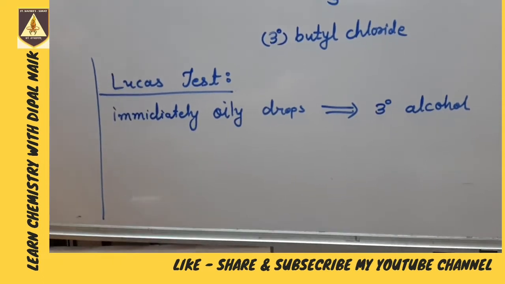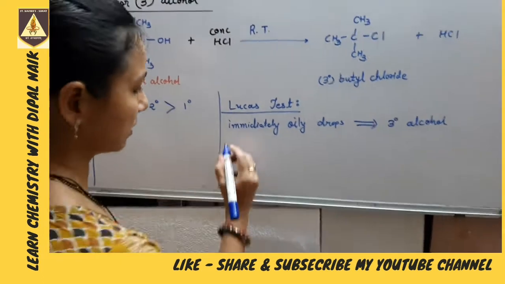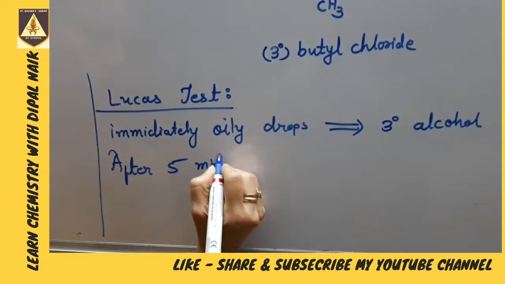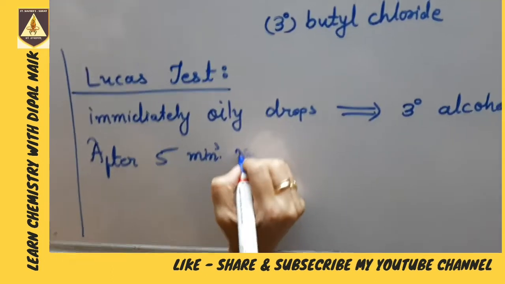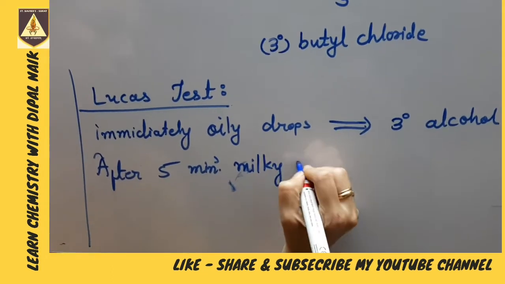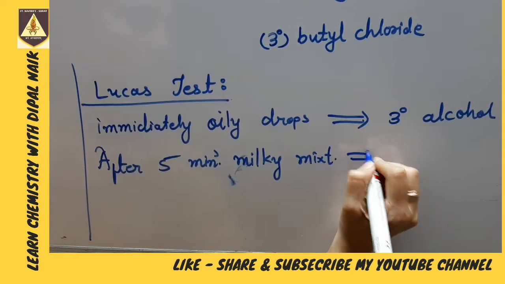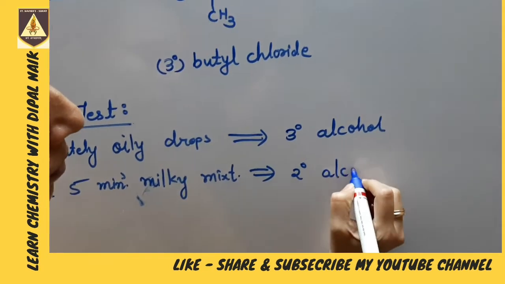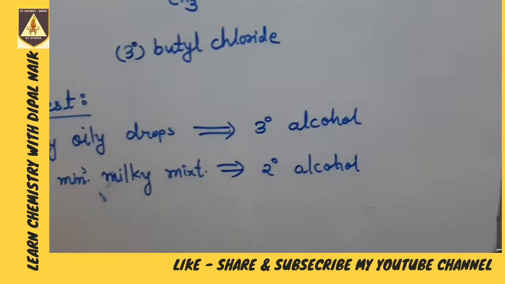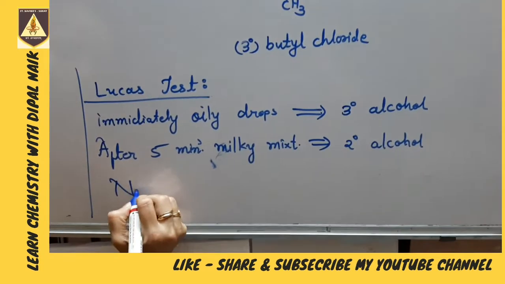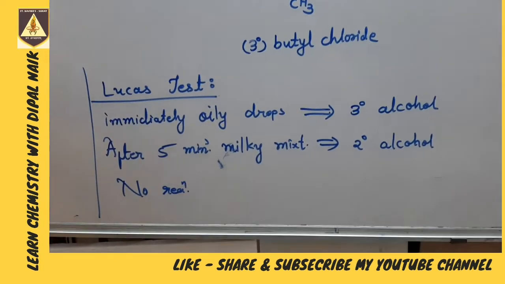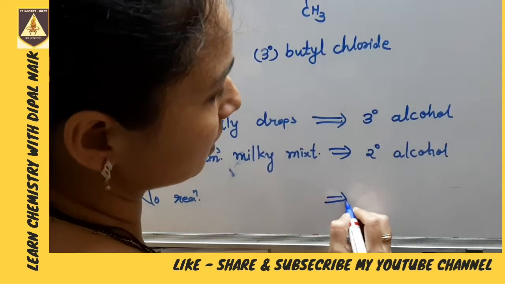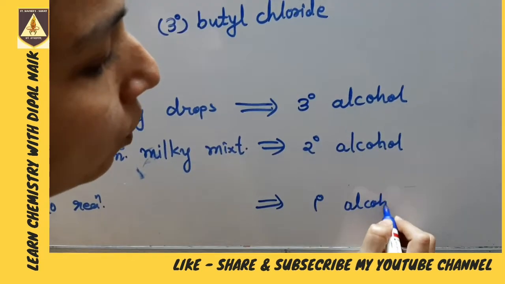If you get a milky mixture after 5 minutes, the conclusion is that your alcohol should be a secondary one. And if there is no change in the reaction, that means no reaction after a long time, that is a primary alcohol.